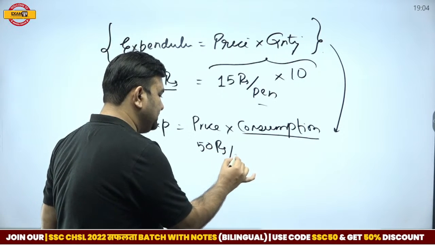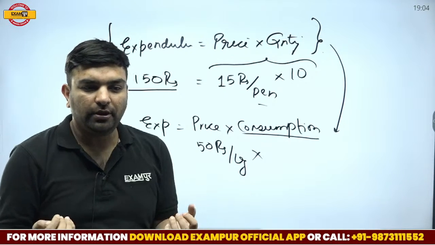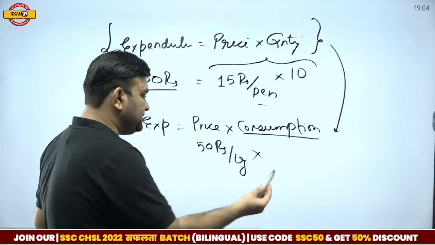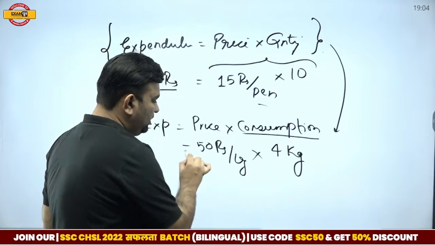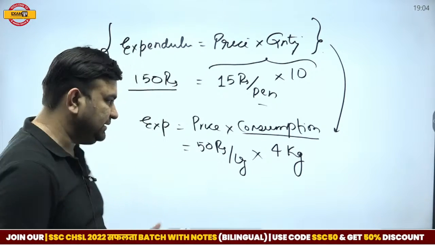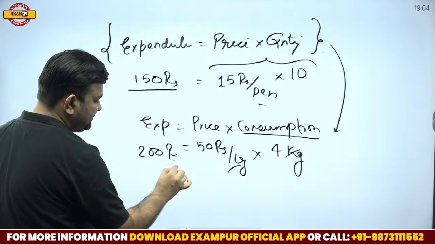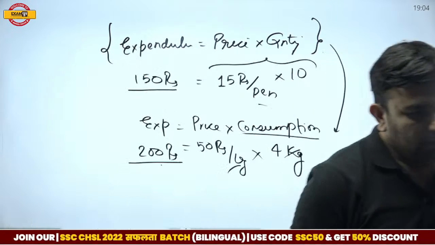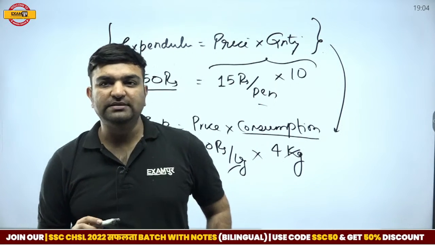You consume, means you eat, or the quantity required for your survival per month is, let's suppose, 4 kg. So the total expenditure on the rice is 200 rupees. So expenditure is equal to price into quantity, or expenditure is equal to price into consumption.